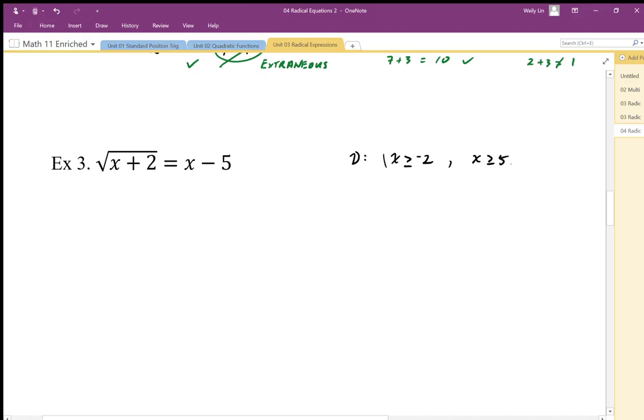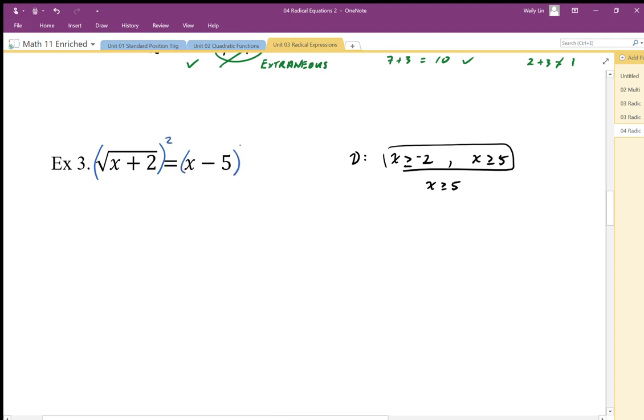These two restrictions together become x is greater than or equal to 5. That would help. If we want, we can use that to test our extraneous solutions. Here we can also substitute it in.